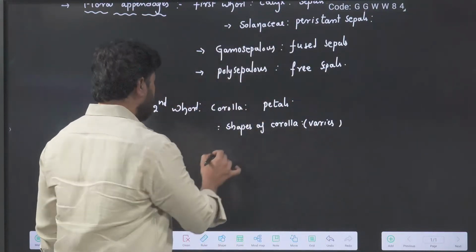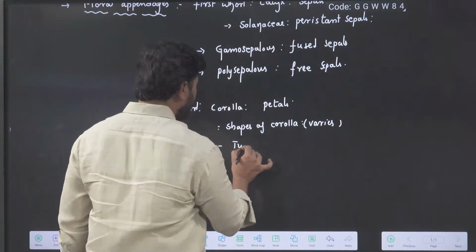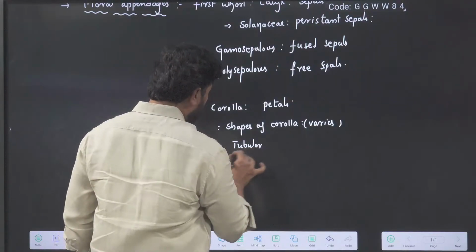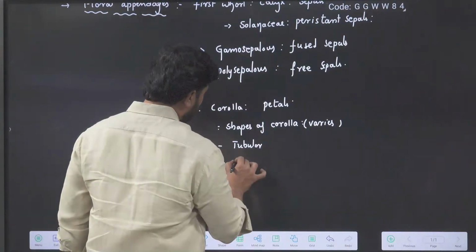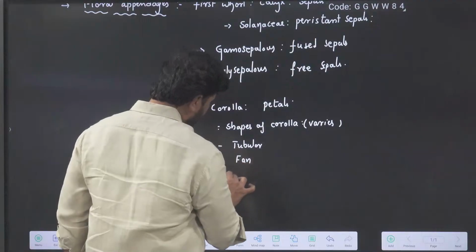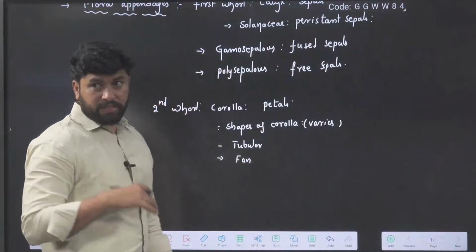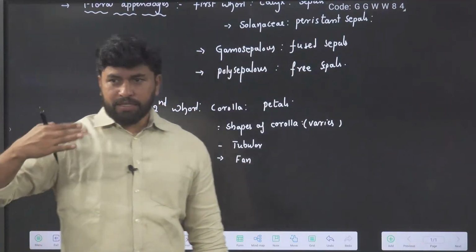In some cases it is tubular shape. In some cases it is fan like. Sometimes, not our ceiling fan. Fan like means wing shape.